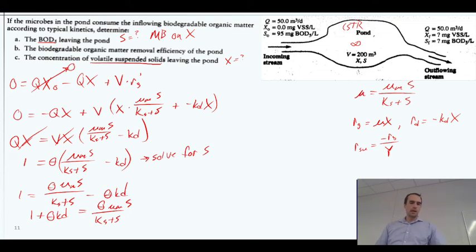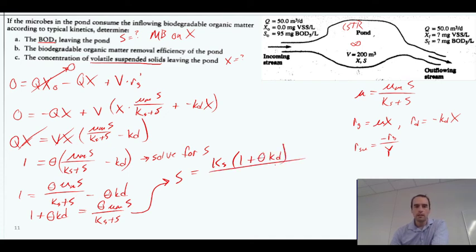For the sake of time, I'm going to skip ahead and say this results in S equals Ks times (1 plus theta Kd) divided by (theta mu max minus 1 minus theta Kd).